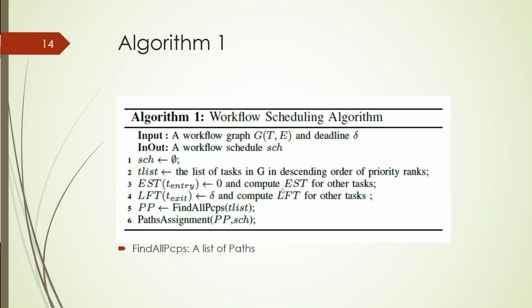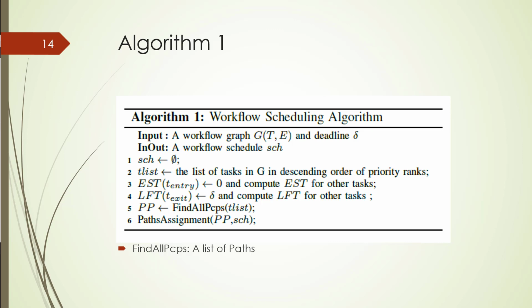And we will find all PCPs of the T list and put them in the partial path. And then we will call another algorithm, the path assignment algorithm. We will pass the partial path and the schedule together, and then we will have the workflow schedule.